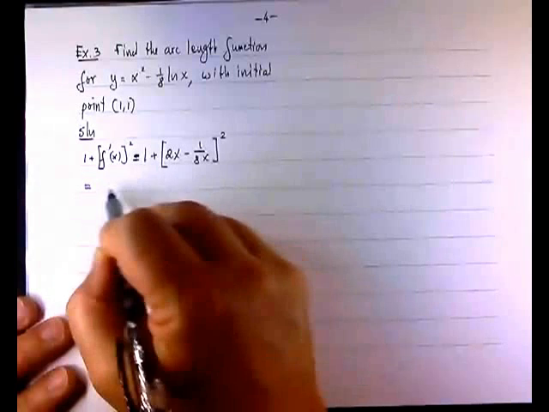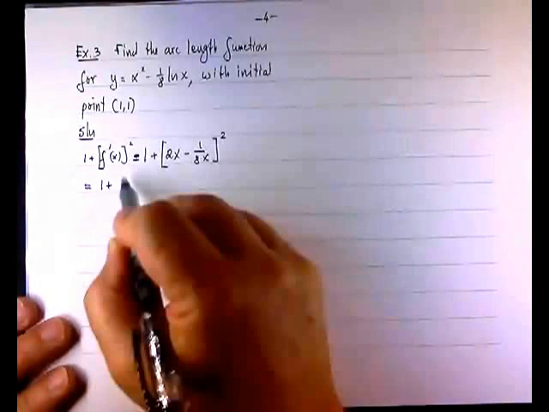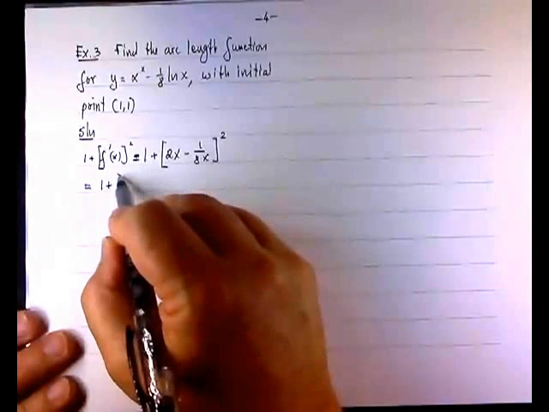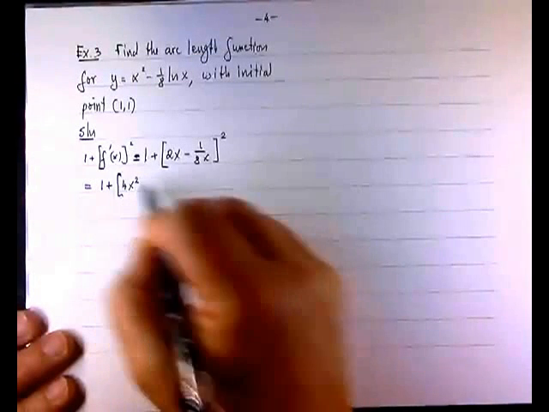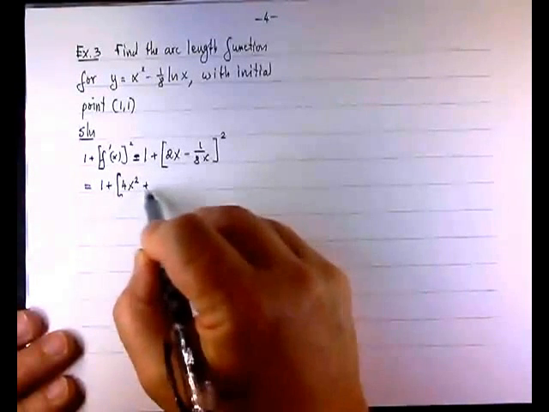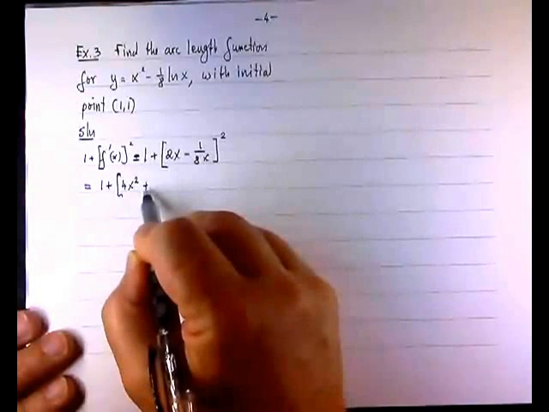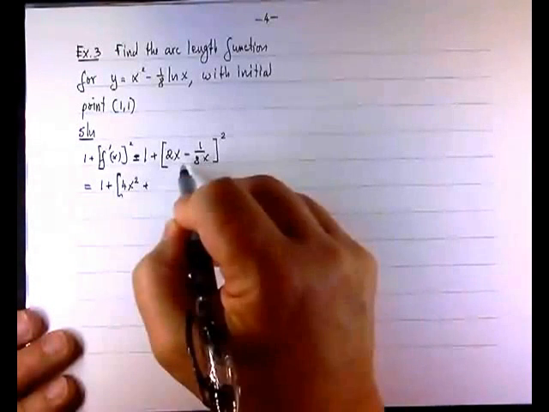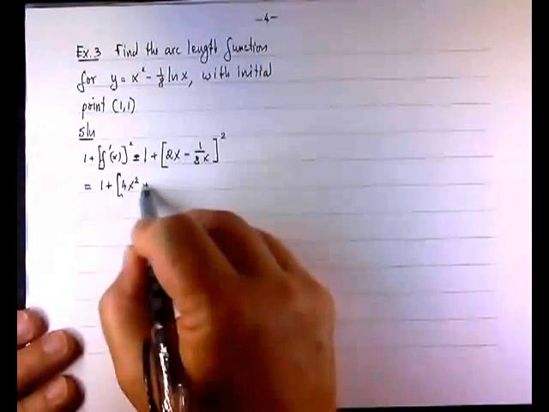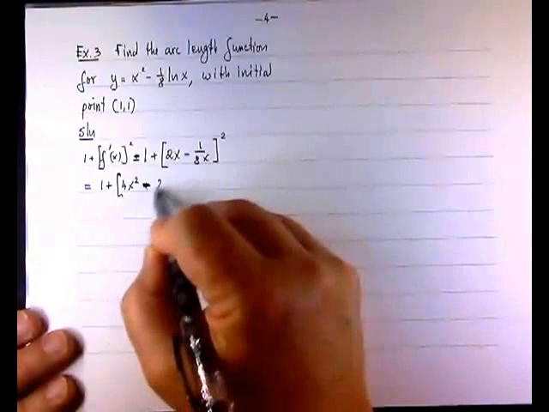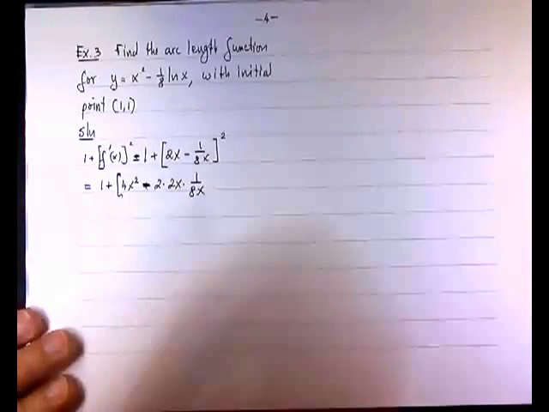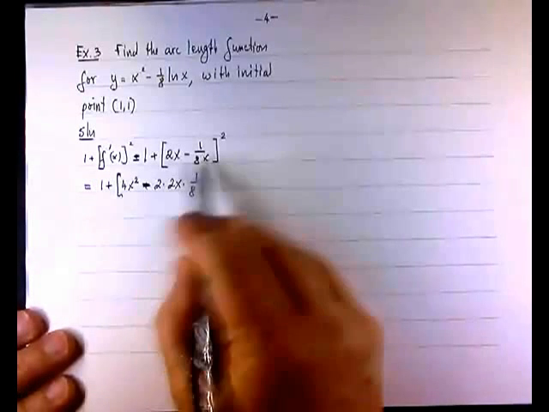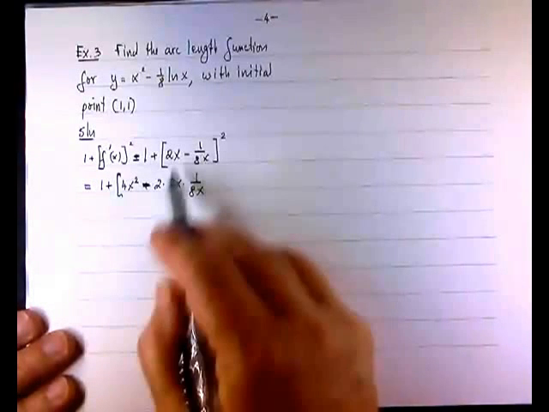Okay, so far you're with me? And then here we have 1, and now we square. So we have 4x squared, and then it's minus because the function is minus. So minus 2 times 2x times 1 over 8x, right?